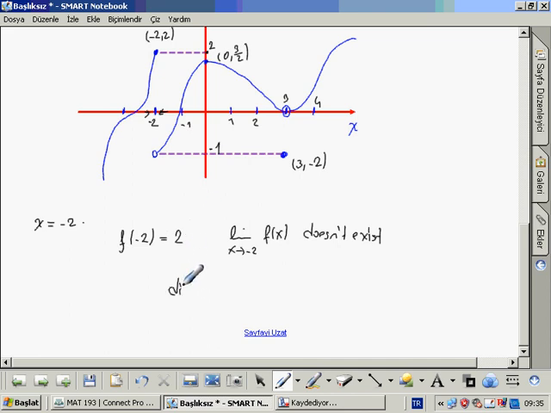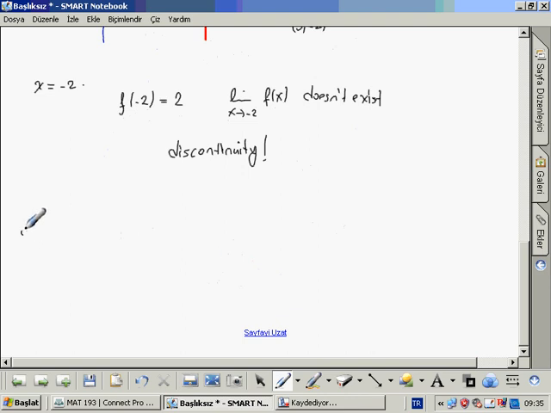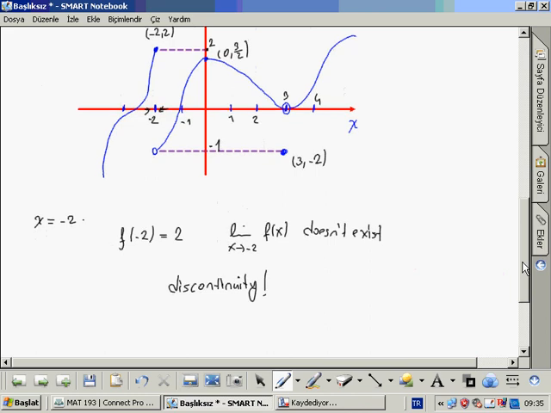This is a discontinuity. At the x equals 0 point, okay, and what can we say about it?